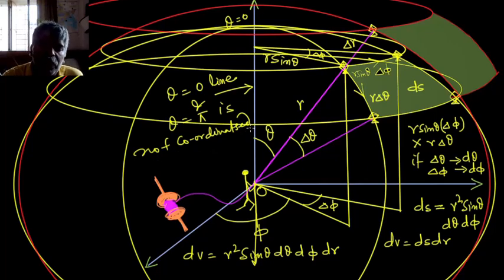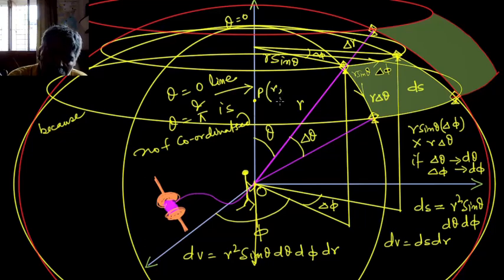It is not coordinatized because, suppose you take a point P here. The distance from the origin is fine, but as far as phi is concerned, phi can be anything. You don't know anything about phi; anything you give phi, it will take. Theta equals 0 is fine, r is this length, phi is anything.